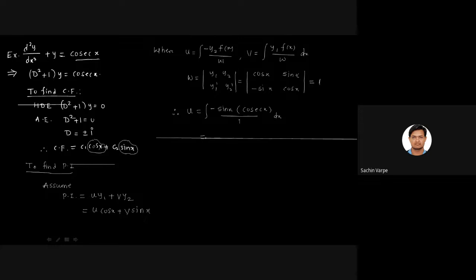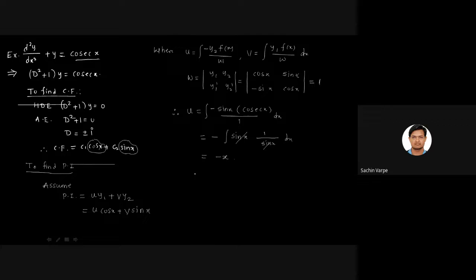So we calculate this integration. Sine and cosec are inverses of each other, so they get cancelled, and the integration of one is x, so that is minus x.